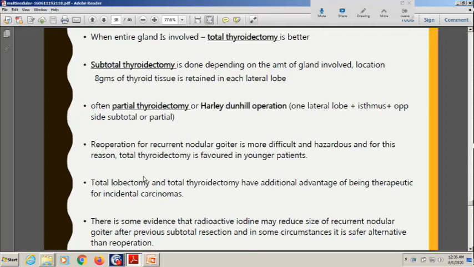So in subtotal thyroidectomy, we remove both lateral lobes of the gland and just retain approximately 8 gram of thyroid, which is about the size of our thumb, retained in each lateral lobe.